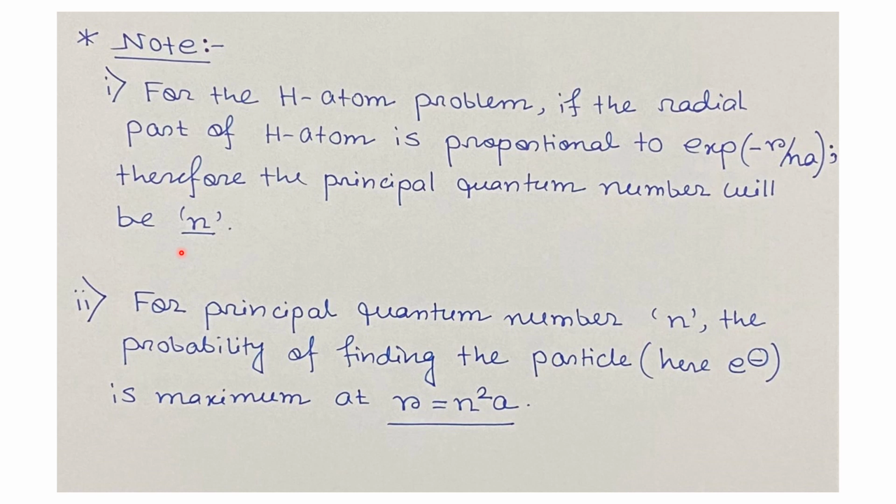And for the principal quantum number n, the probability of finding the electron is maximum at r equals n square a. So in the given question, the n value is 2. So the most probable distance will be r equals 2 square a, that is 4a. So our gamma value will be 4 in that case.